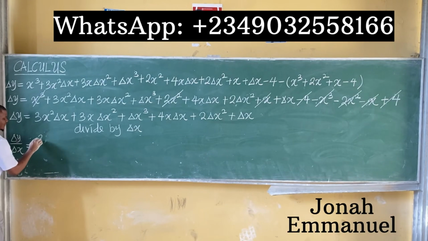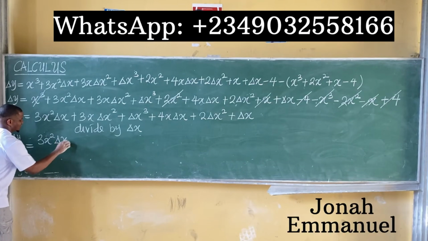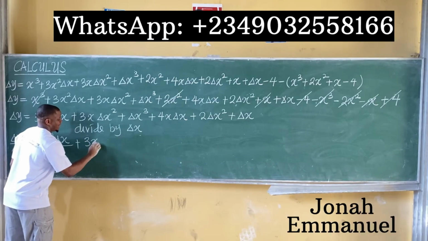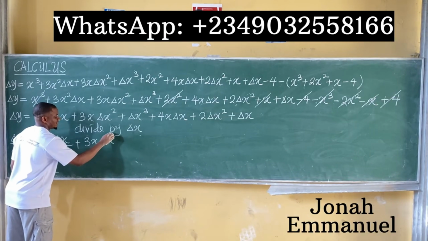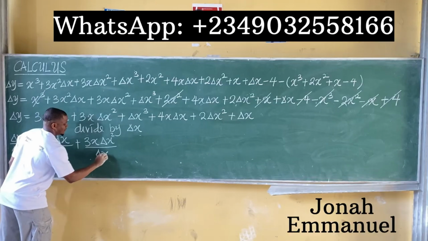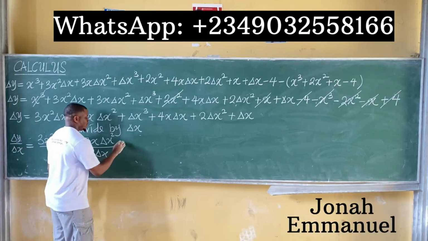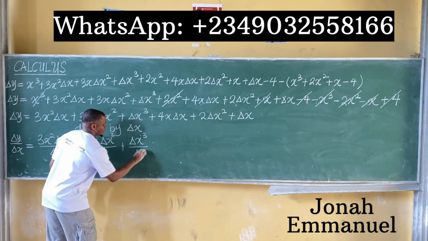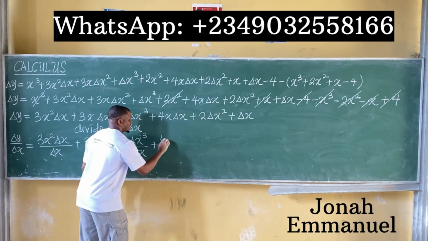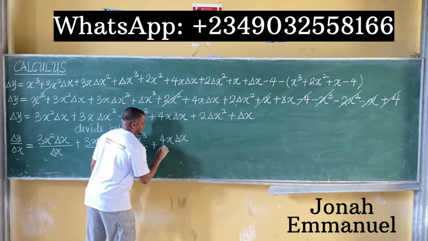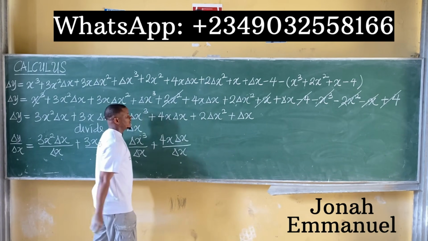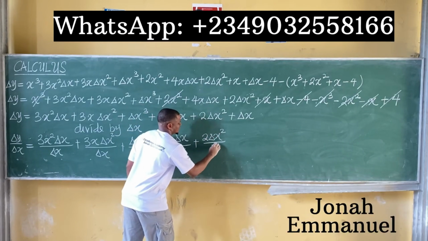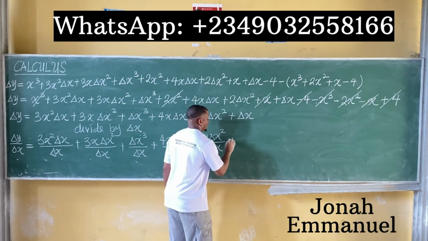That's equal to what there? 3x squared change in x all over change in x plus 3x change in x squared all over change in x plus change in x cubed all over change in x plus 4x change in x all over change in x plus, finally.